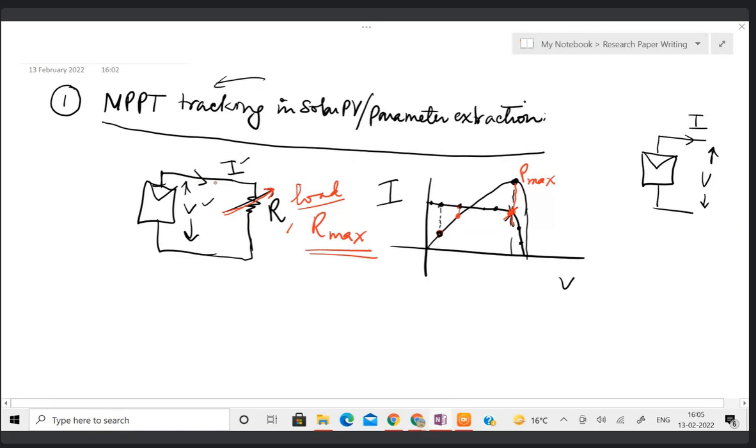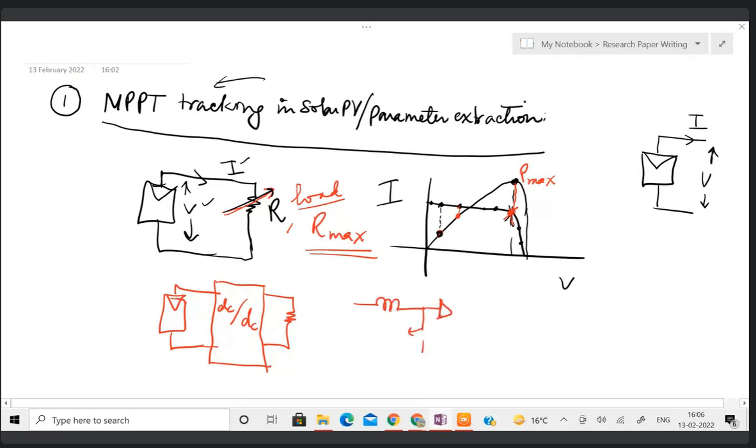I had told you that what we need to do is introduce one DC to DC converter in between the load and the panel. So this DC to DC converter, it is normally a boost converter, say.